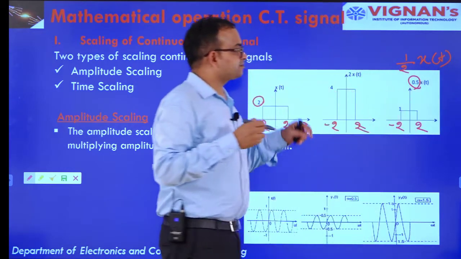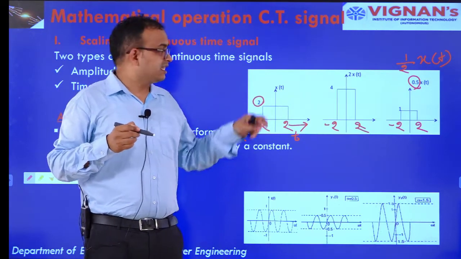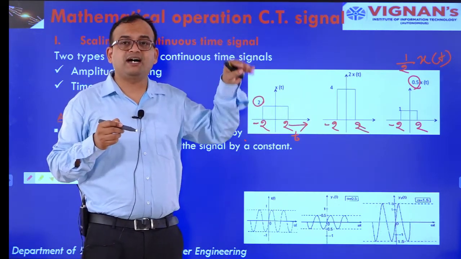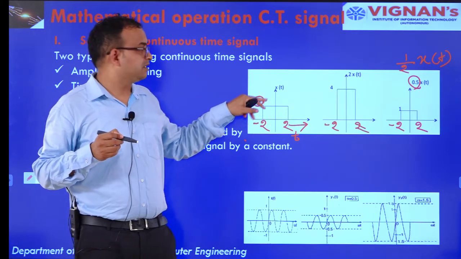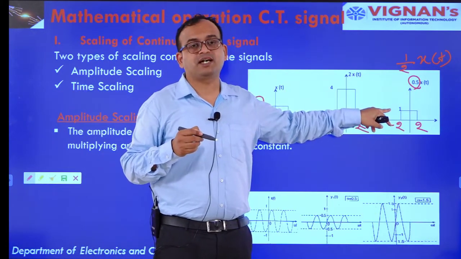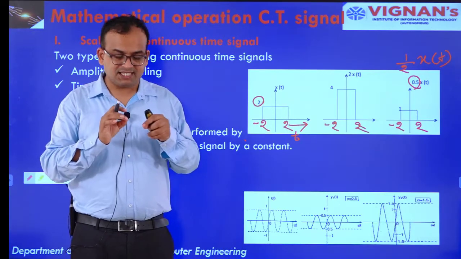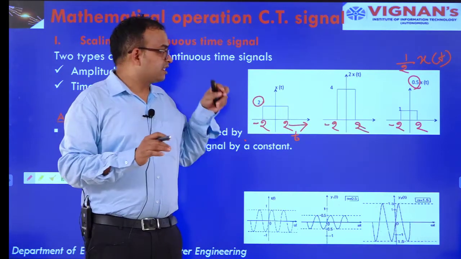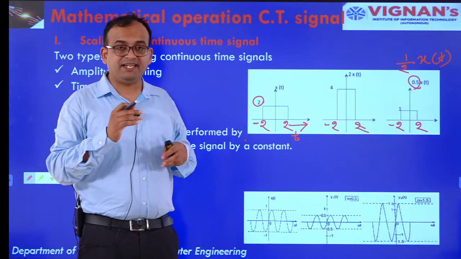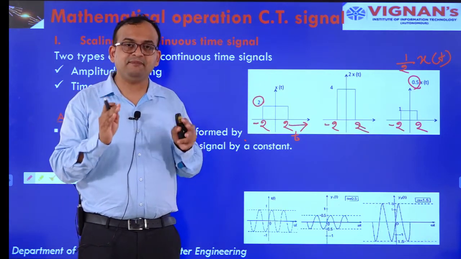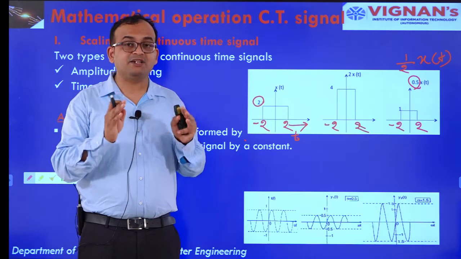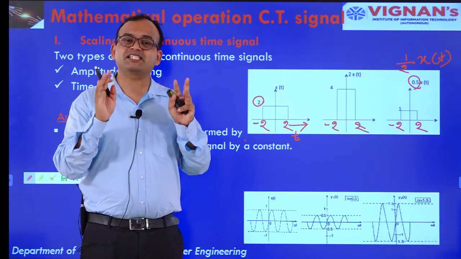The amplitude will scale to half. The original signal had amplitude 2, now the amplitude is 1. This is a very simple thing: amplitude scaling is done only on the amplitude. At that time, the time remains constant. We cannot touch the time. Time will be the same.